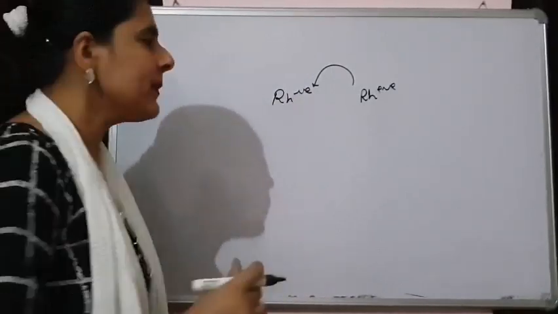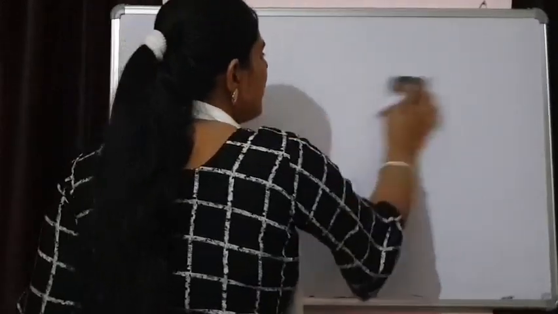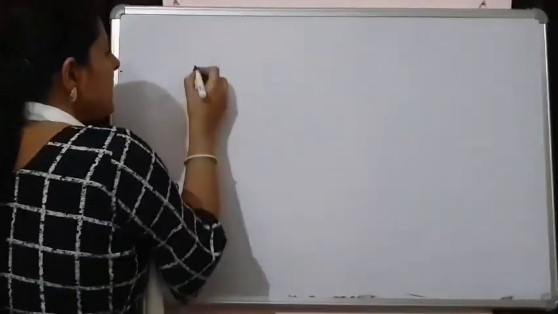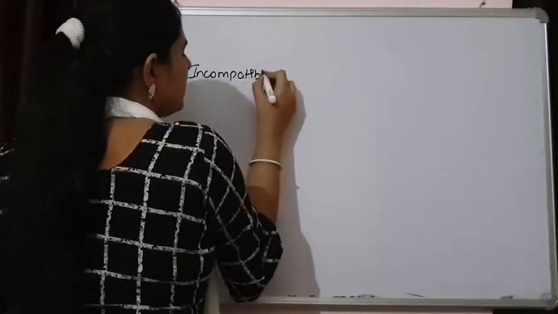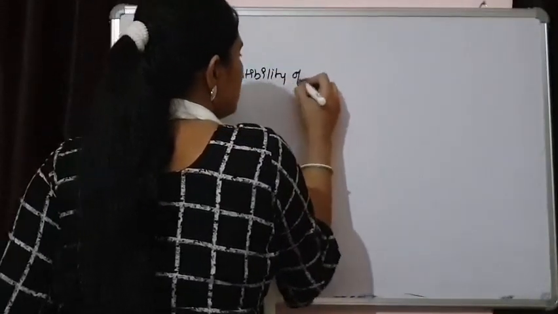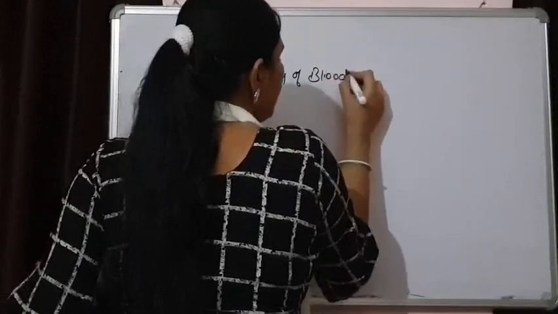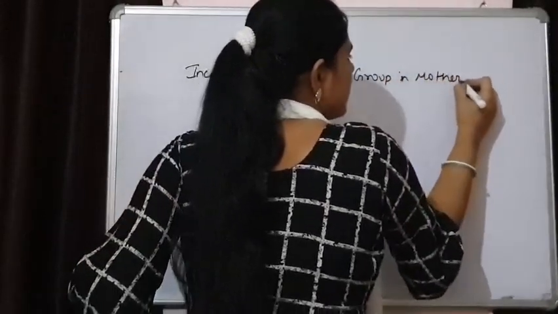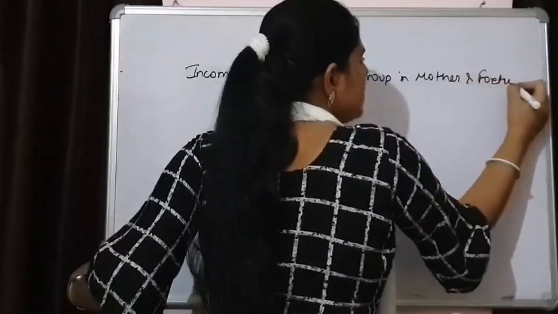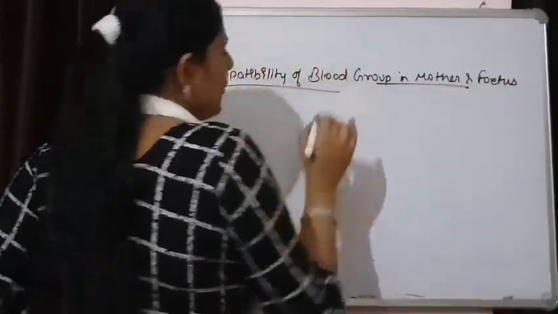Sometimes incompatibility of blood group takes place between the mother and the fetus. There is incompatibility of blood group in mother and fetus, and that is occurring because of this Rh factor.